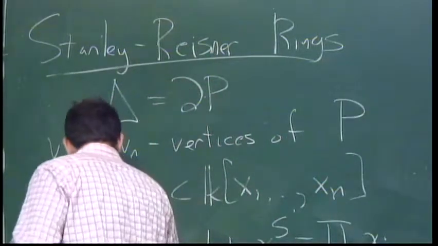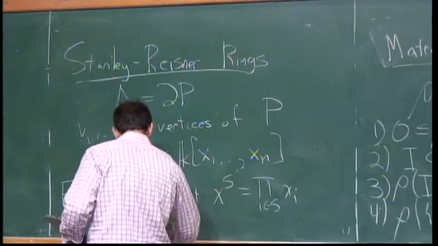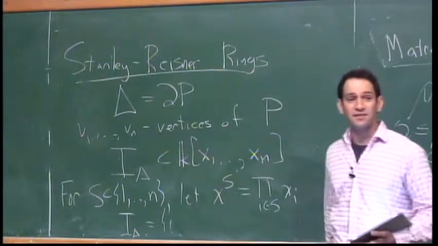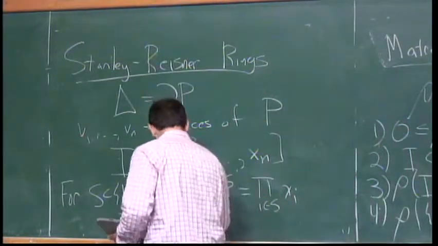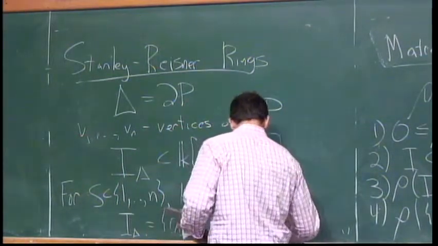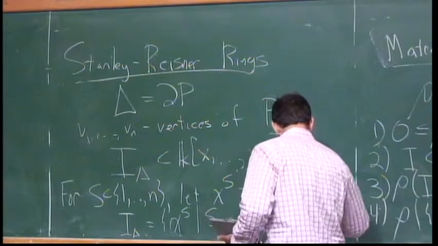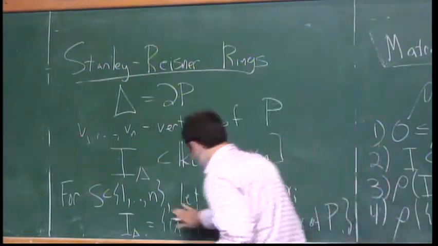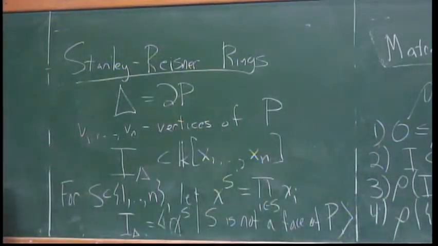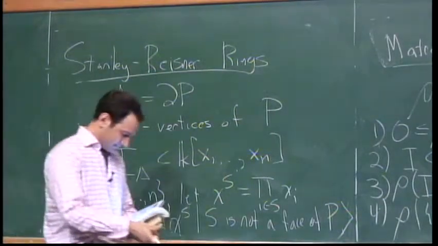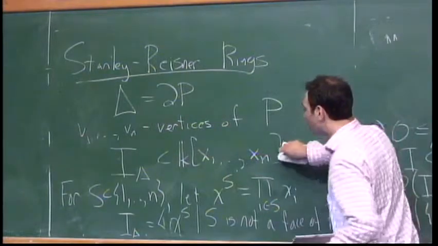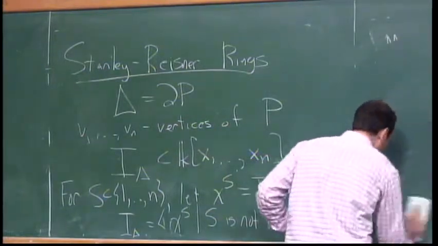Then the non-face ideal is generated by the monomials corresponding to the non-faces of the boundary of P. Okay, and the Stanley-Reisner ring is the quotient of this polynomial ring by the non-face ideal.